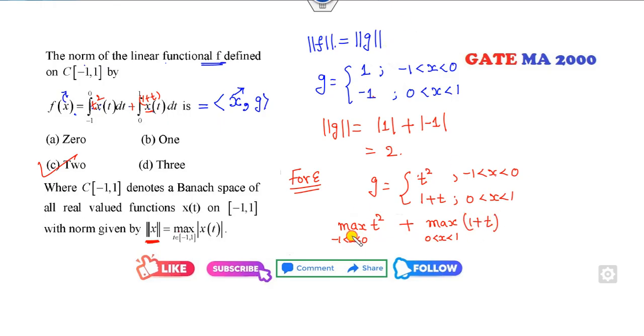If I write it as a small t, then it is my t. Then clearly say what is the maximum of this. The maximum over this interval is 2 in absolute value, and the maximum value of this on this interval is 1. So the right answer corresponding to this example is 1 plus 2, because here is only one constant value, that's why I have written like here.